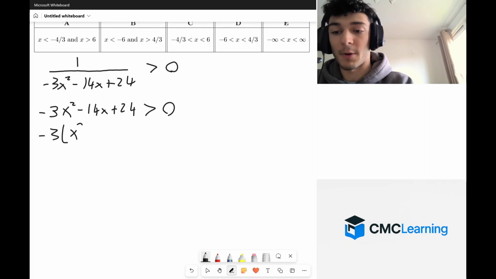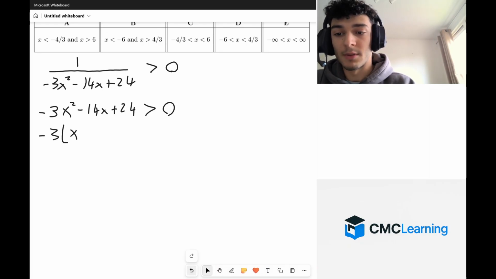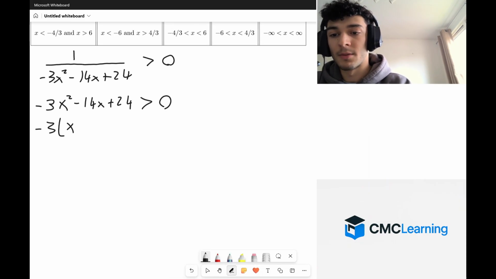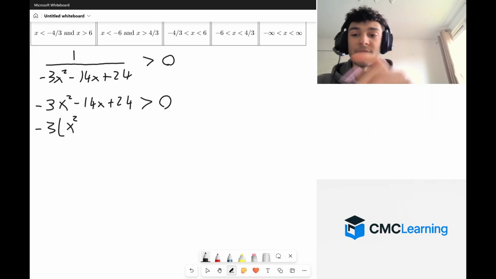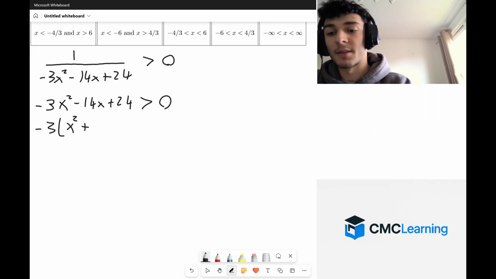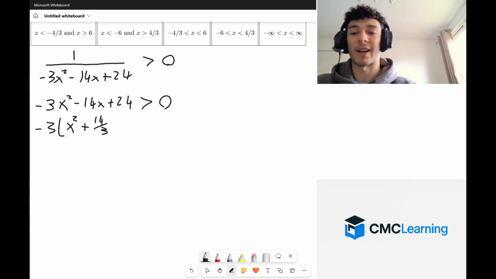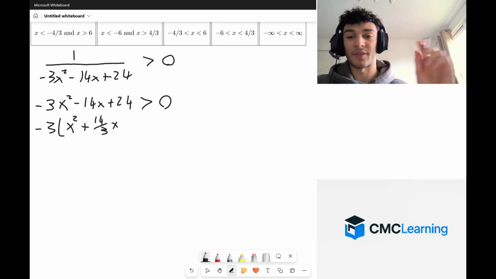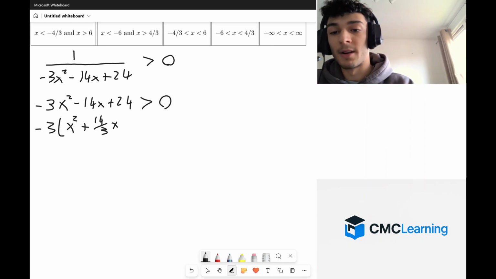So here we get x squared. This minus 14 goes to a plus 14 over 3. So we're taking out a factor of 3, more specifically minus 3. And this positive 24 goes to negative 8.